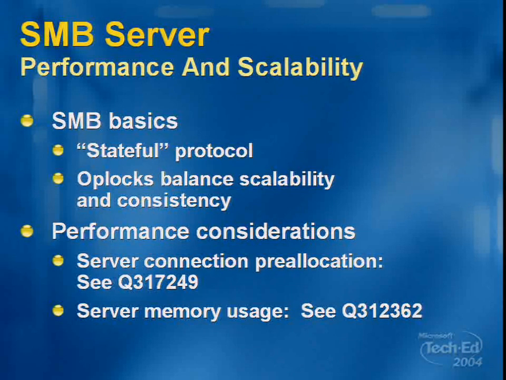If you start getting server 2021 or 2022 errors, what it means is we can't keep that stash of connection memory structures around. We're getting more network connections coming in, and they're coming in faster than another thread in the kernel can replenish those connection structures and allocate them. So what this knowledge base article will tell you is how to change some settings in the registry so that you can have a larger pool of those connection structures lying around.